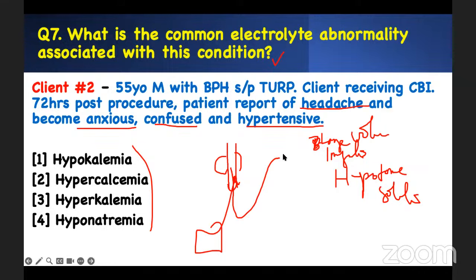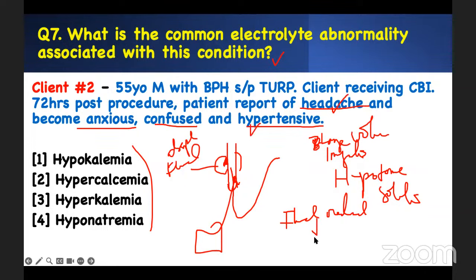So when you irrigate large volume, because of the surgery, they may end up absorbing the fluid. They will absorb some of the fluid into their system. If you have large absorption of hypotonic solution into your body system, you get fluid overloaded. So don't be surprised. That's why he has headache and hypertension.